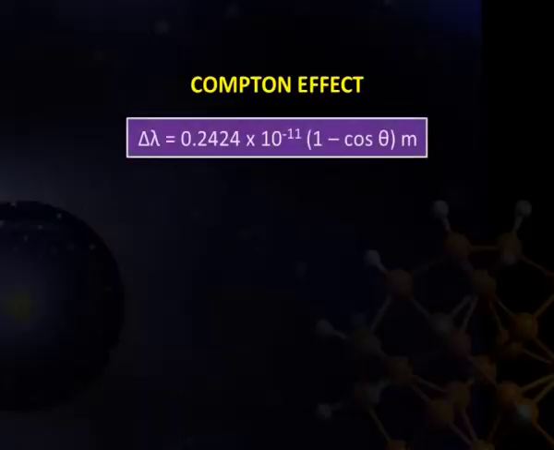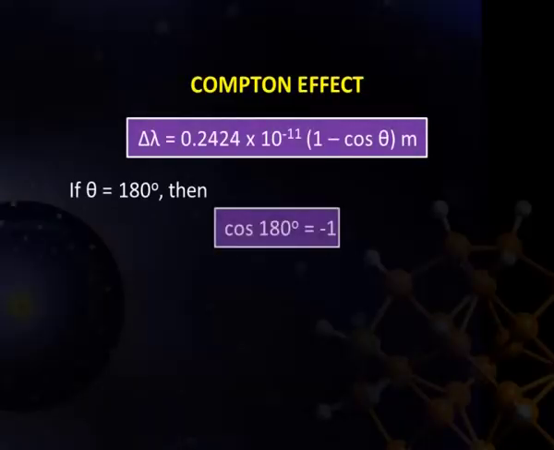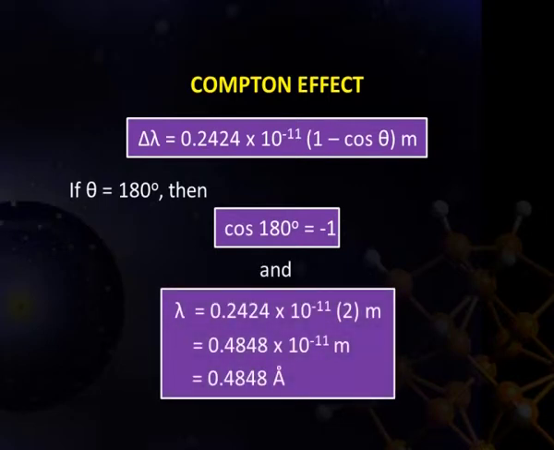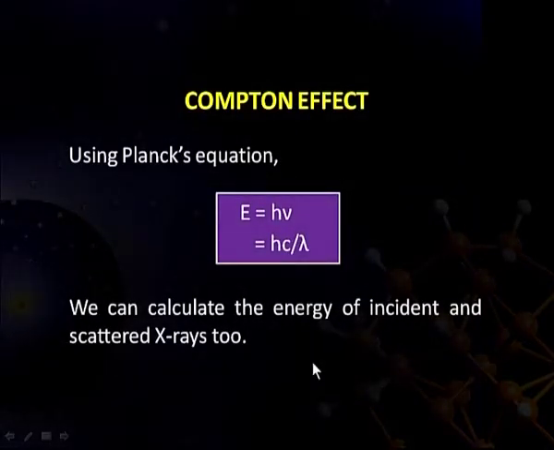If theta is equal to 180 degree, then cos 180 degree is equal to minus 1 and delta lambda is equal to 0.2424 into 10 raised to the power minus 11 into 2 meter is equal to 0.4848 into 10 raised to the power minus 11 meter is equal to 0.4848 angstrom. Using Planck's equation E is equal to h nu or E is equal to hc upon lambda, we can calculate the energy of incident and scattered X-rays too.